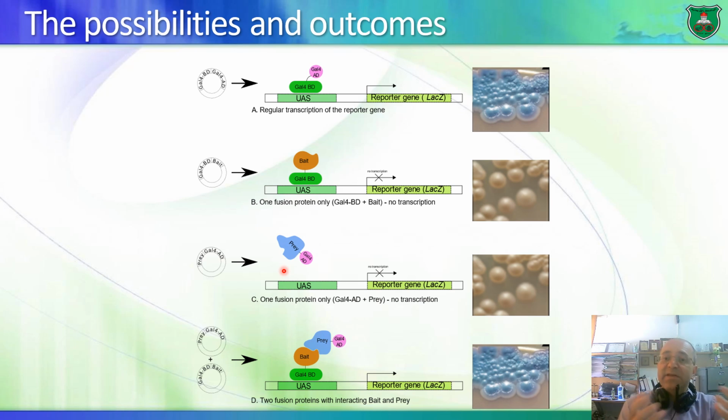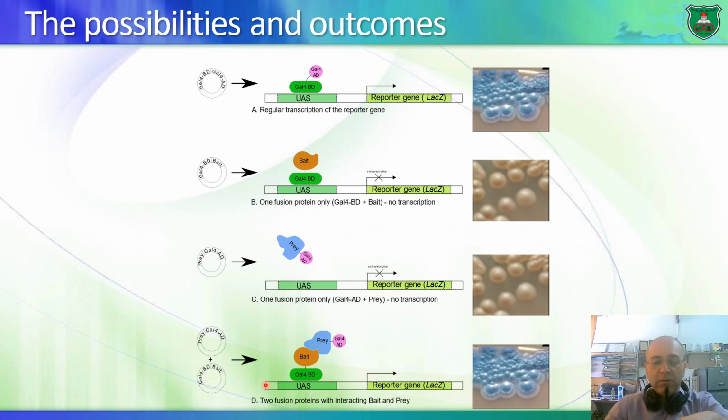Again, this is a negative control. We know that these cells would not produce a blue metabolite, would not become blue. And then we have our experimental sample. This experimental sample contains X with Y, whatever this Y is.